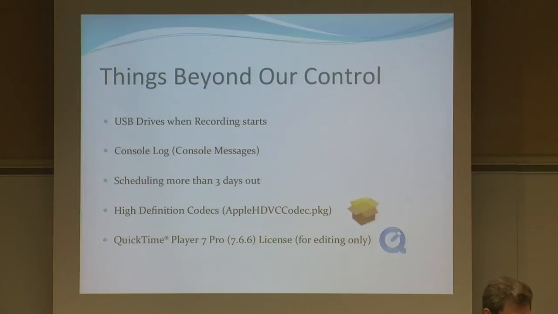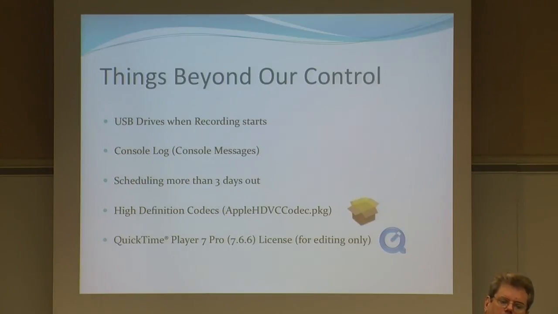And then we also have the high-def codecs. QuickTime cheats. Inside QuickTime itself, it has its own knowledge saying, I know how to read high-def video. And I'm built upon QuickTime, but this app doesn't know how to read high-def video.